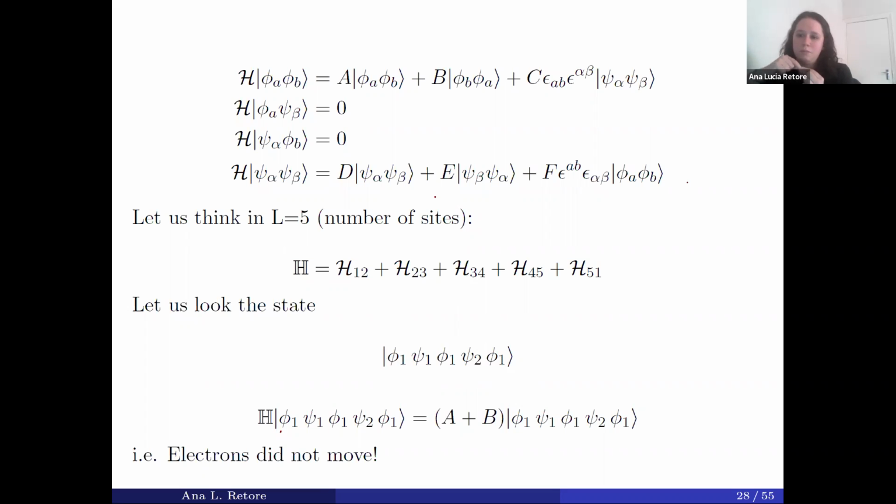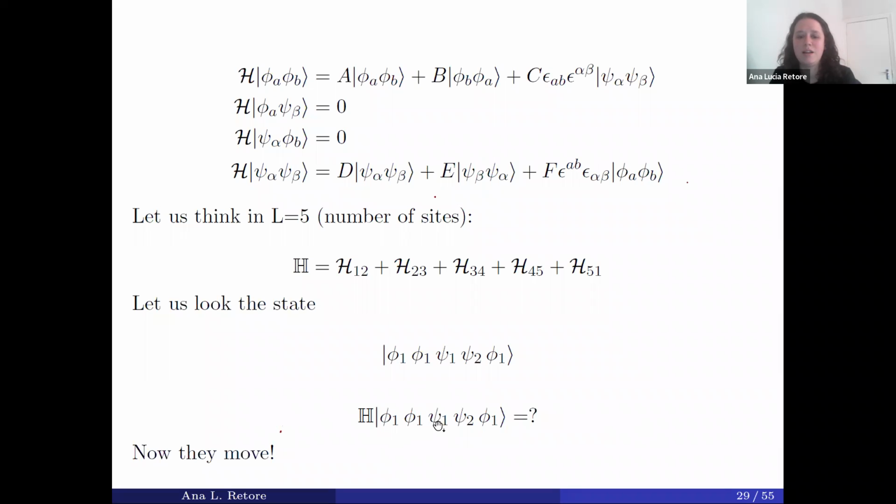It will stay there; this is just an eigenstate of your Hamiltonian. But if you have something like two psis in a row, two particles in neighbor sites, then they move.